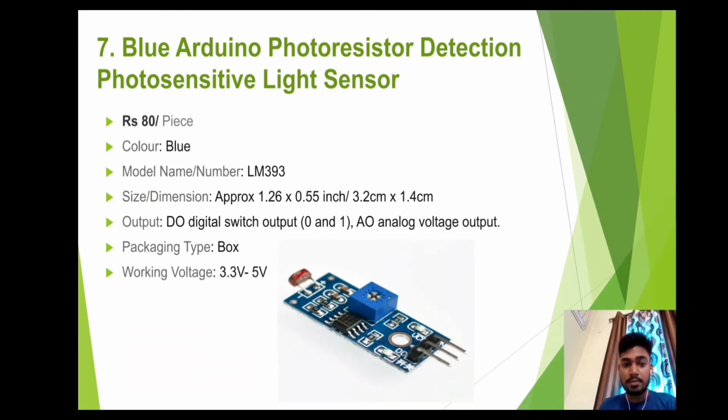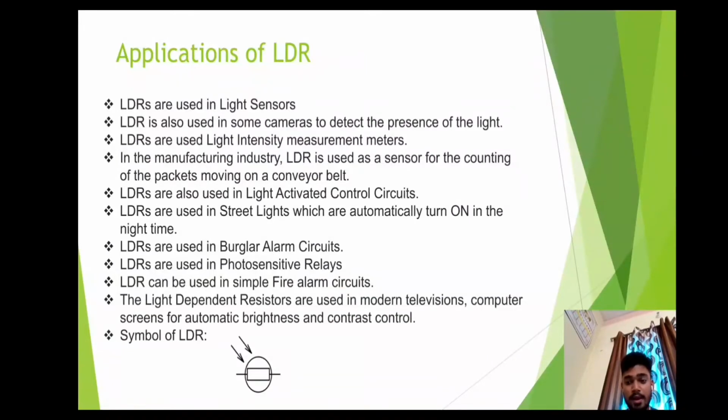The model name is LM393, meaning that for the packaging and modeling you use to buy it from the market, you will use LM393. It can give both outputs, analog and digital.